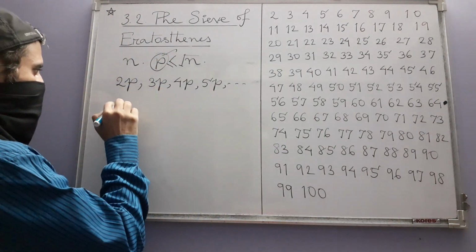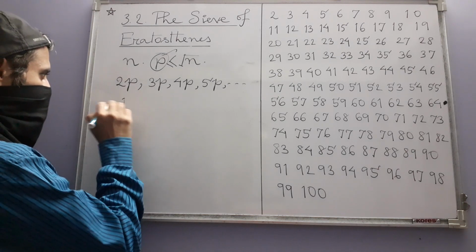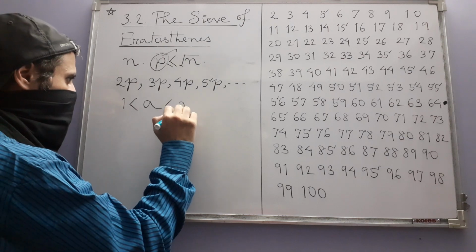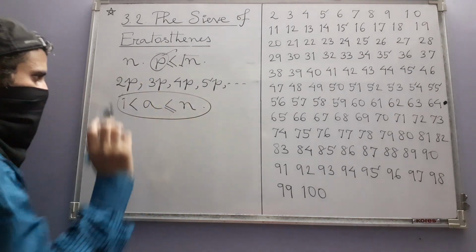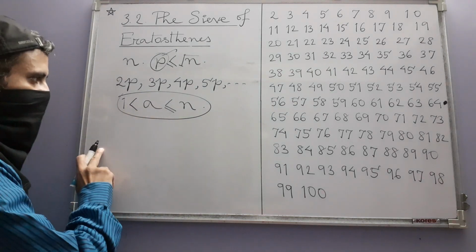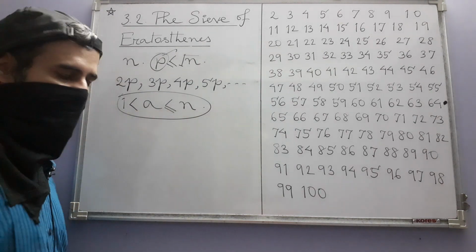So suppose there is a composite integer a that satisfies these inequalities. So what is the guarantee that a will be striked out in this process?